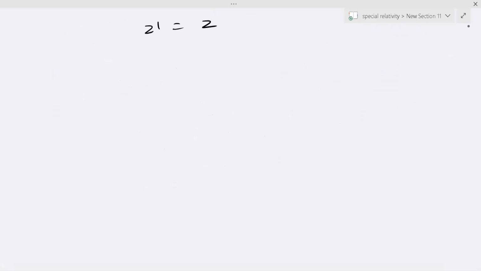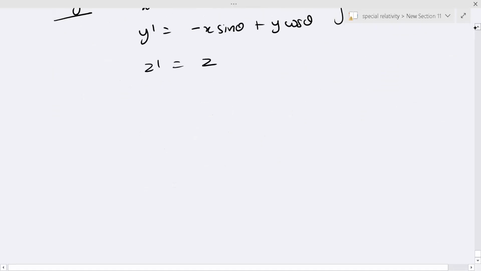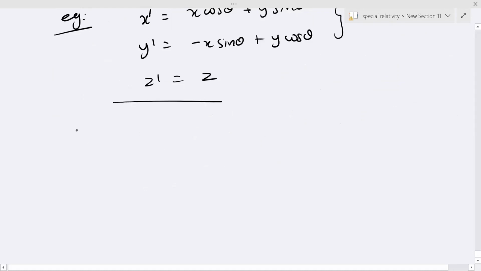Now we can write this in a matrix form. We just make a new notation: we'll call x as x1, y as x2 and z as x3.